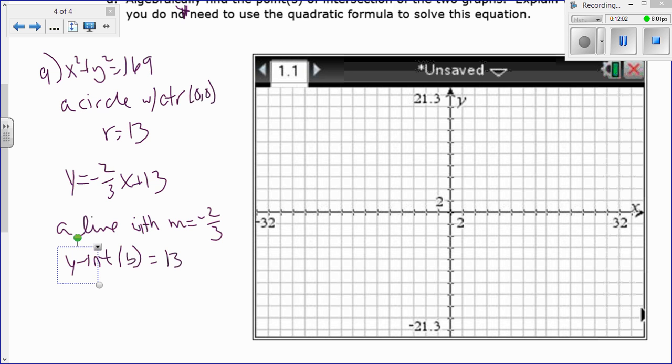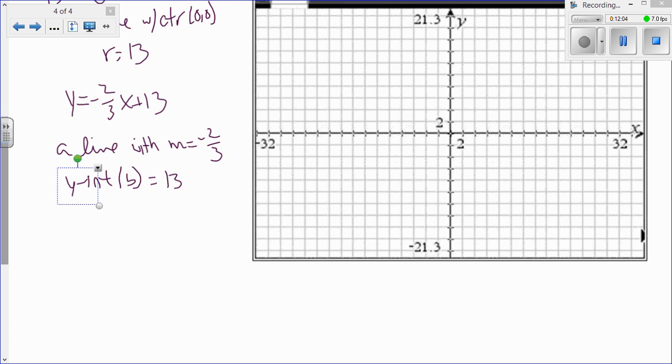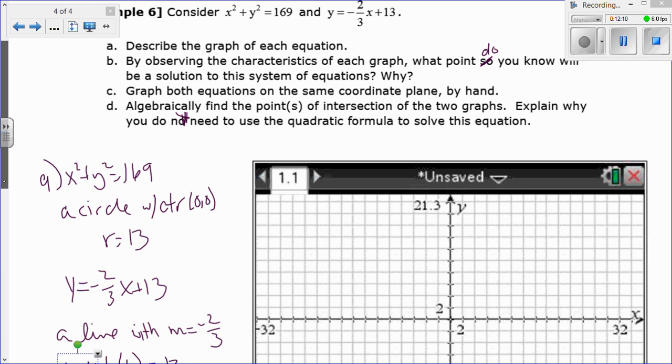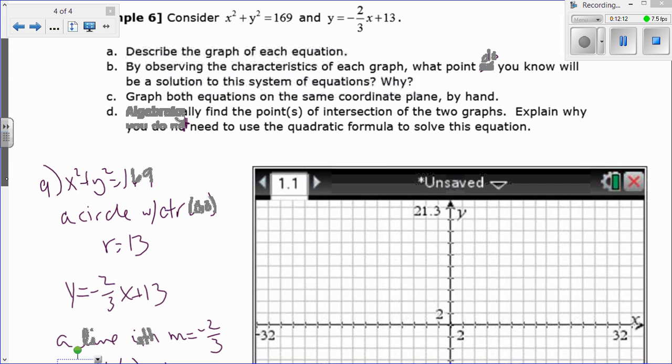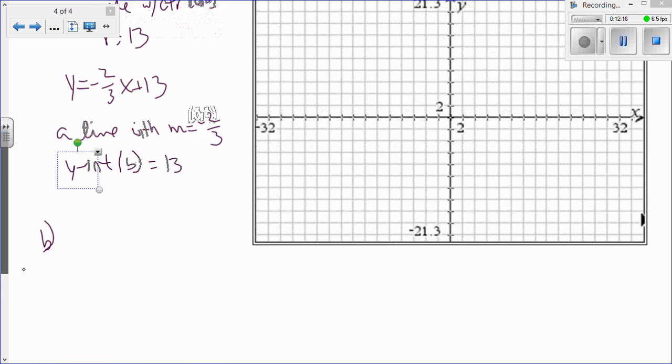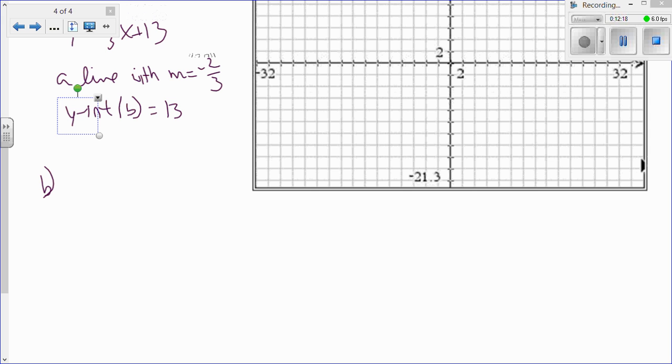And then it says we're looking at the graph and some characteristics of it. Observing the characteristics of each graph, what point do you know will be the solution of the system? Well, I can tell by looking at it that if x is equal to 0, then y has to be equal to 13.